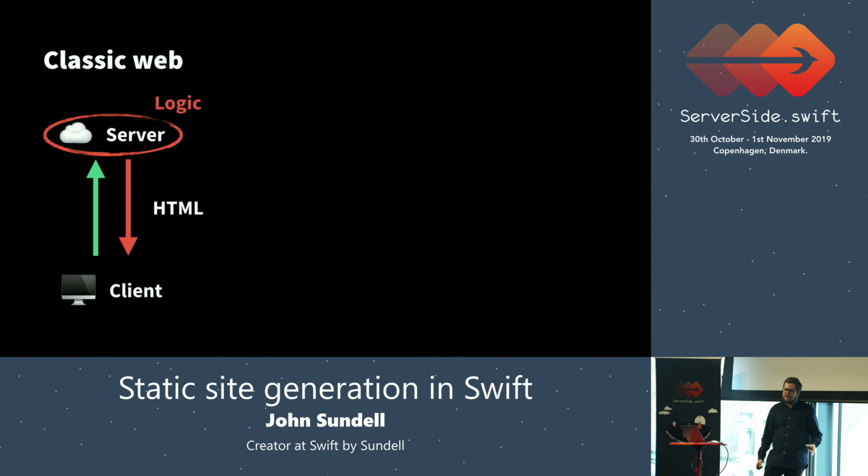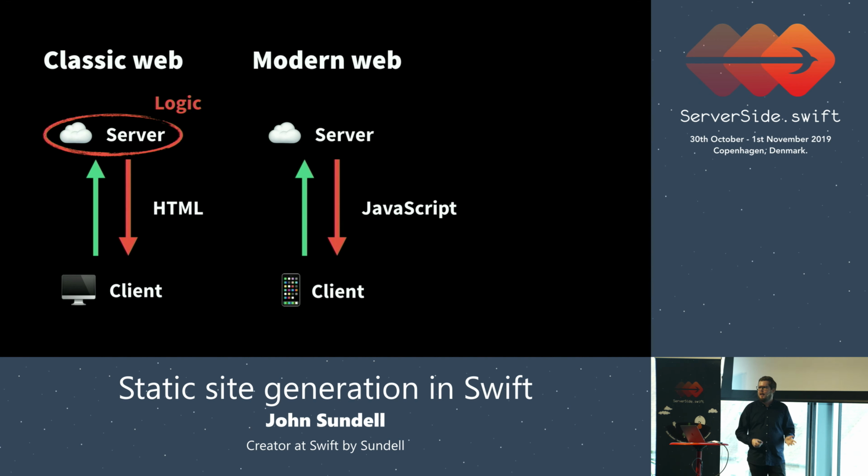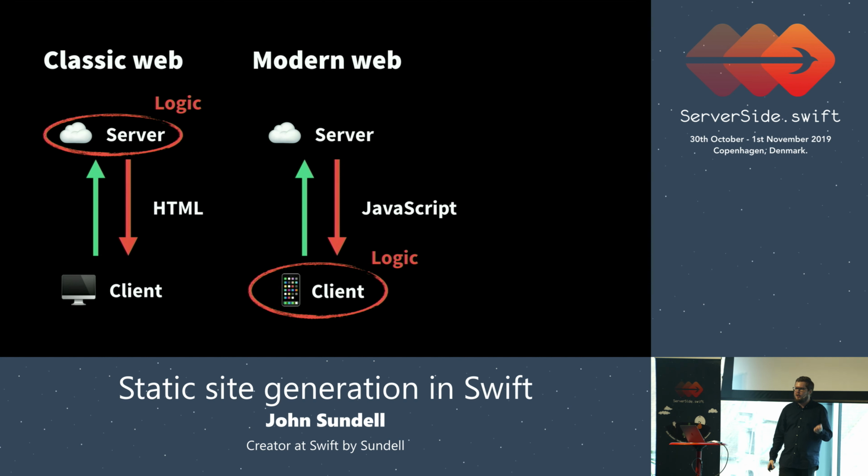But these days, I would say most more complex websites have moved to a slightly different architecture that looks more like this, what I like to call the modern web. And here, JavaScript is a very, very important part, where the server sends a JavaScript program that the client then executes and talks to the server asynchronously throughout the lifecycle of the website. So here, the client is really where most of the logic lies.